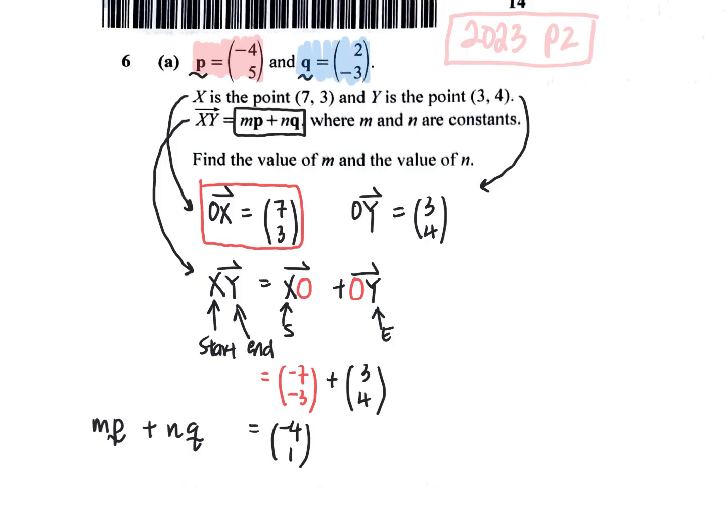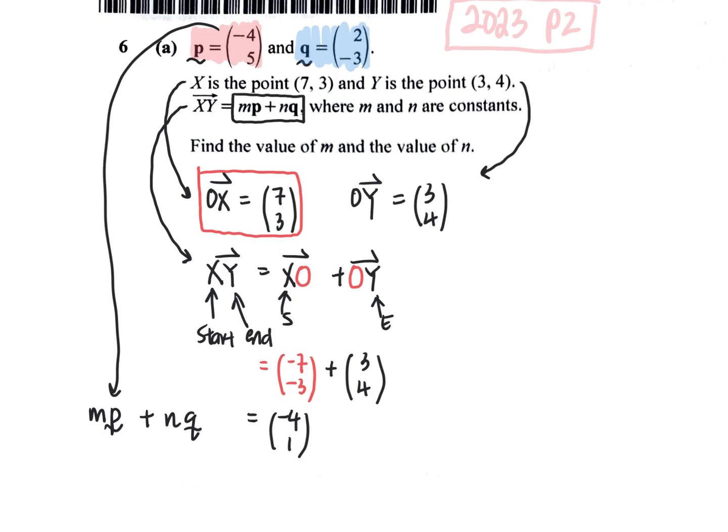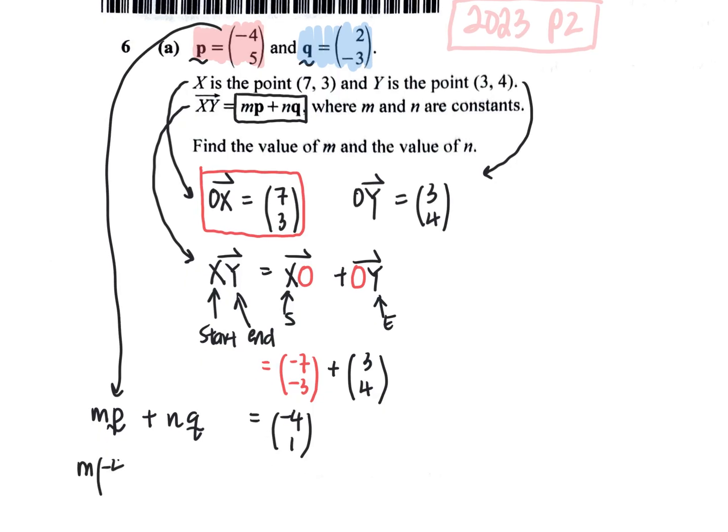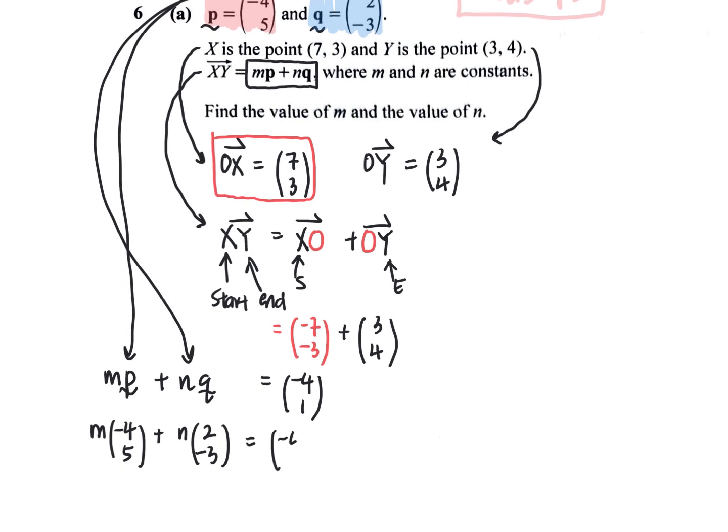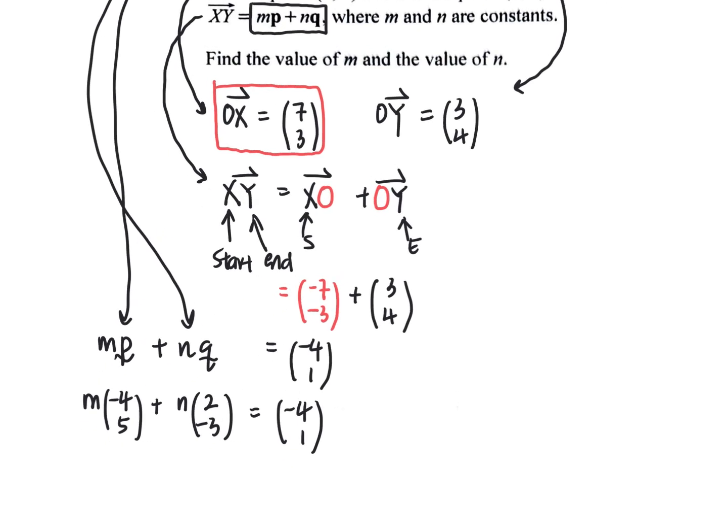So put in your P as this: M times (-4, 5), N times (2, -3). So put into the equation that they give you, and it is equal to this. So we just do our normal matrix addition like that.